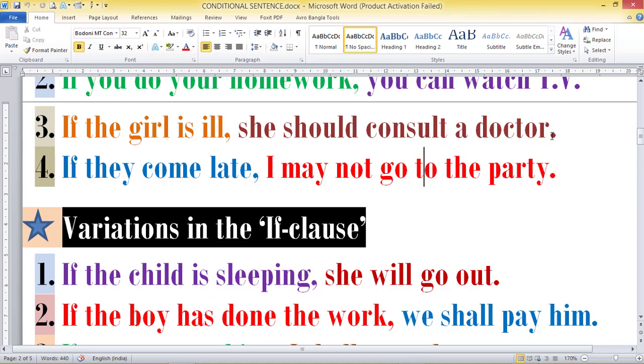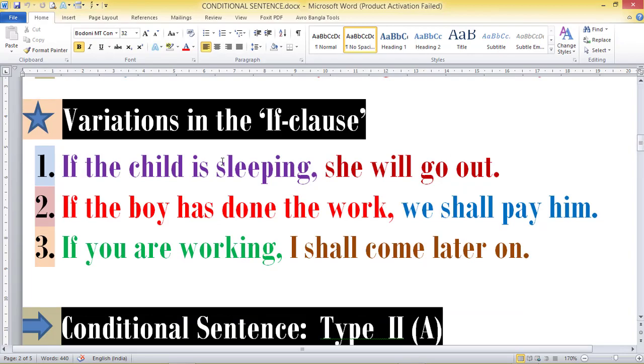Now let's go to the variations in the if clause. In the if clause also, certain variations are possible in tense forms according to the situation. The first sentence, you observe: if the child is sleeping, she'll go out. Here, the situation demands that we use present continuous.